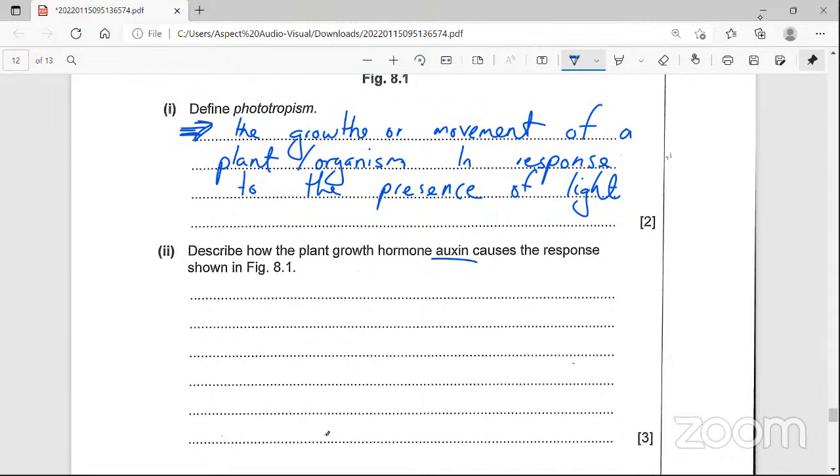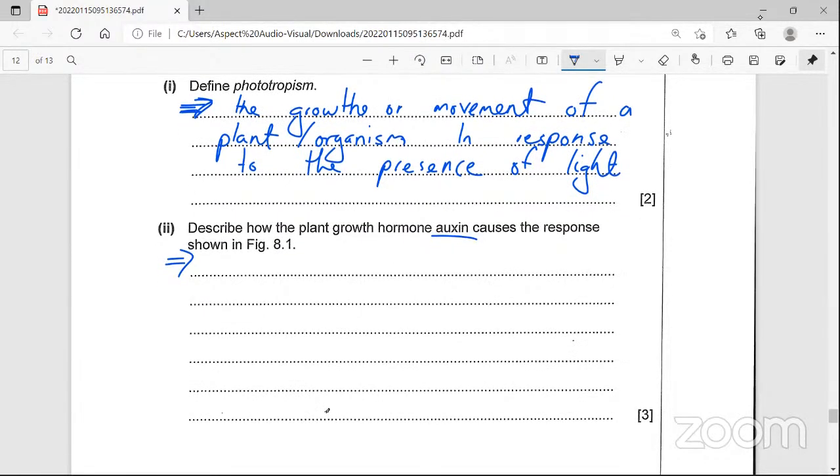The auxin is normally produced in the shoot of the plant, right? But in this case, since phototropism is taking place, the auxin will now move down the shoot and take over the side that doesn't have light, and then it causes the shoot to elongate.